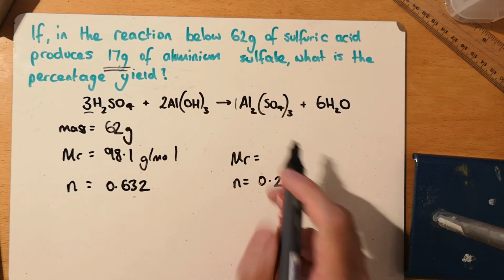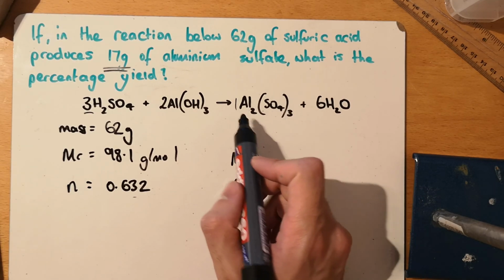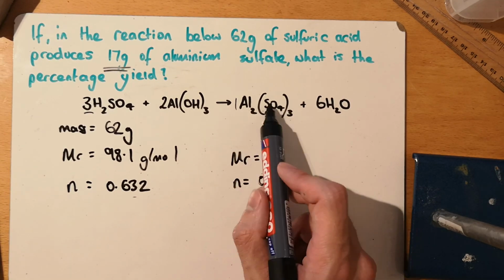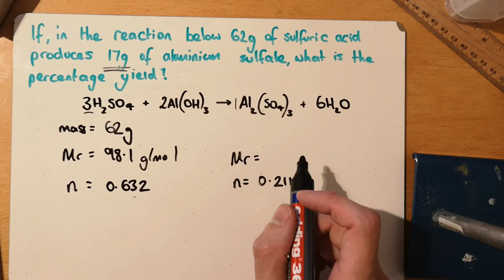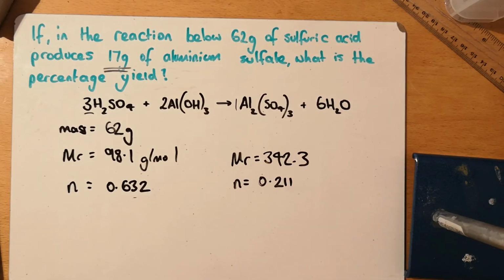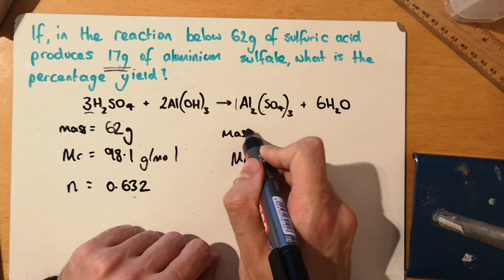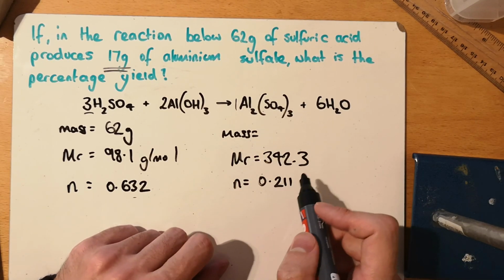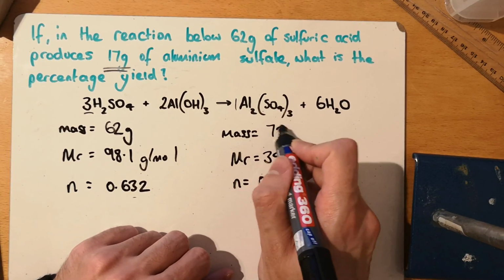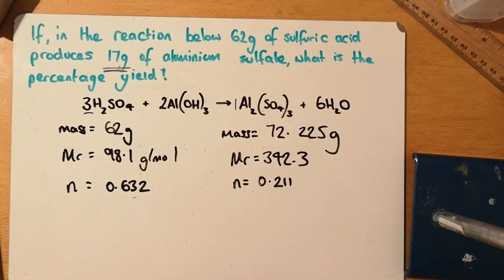MR of aluminium sulfate, tricky. Aluminium is 27, so 54. I'll have 3 sulfurs and 12 oxygens. 342.3. And then to get the mass, our theoretical yield, we're going to times these together, which will be 72.25 grams.